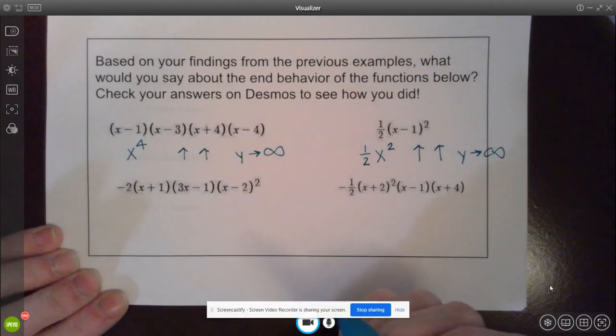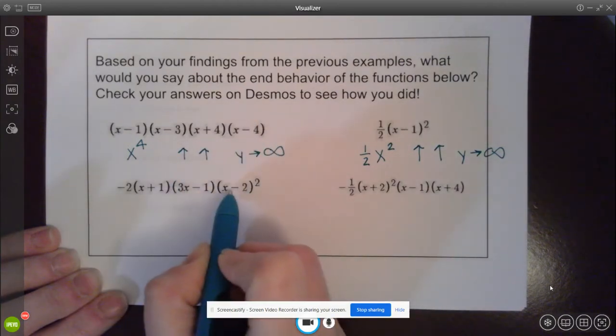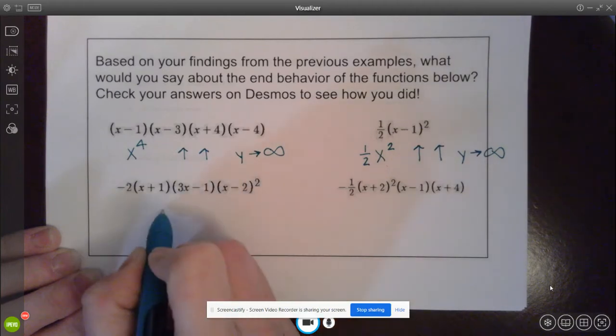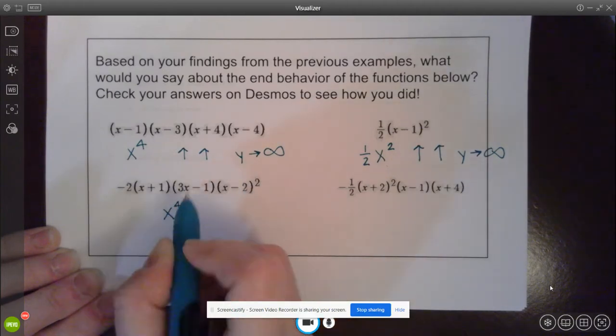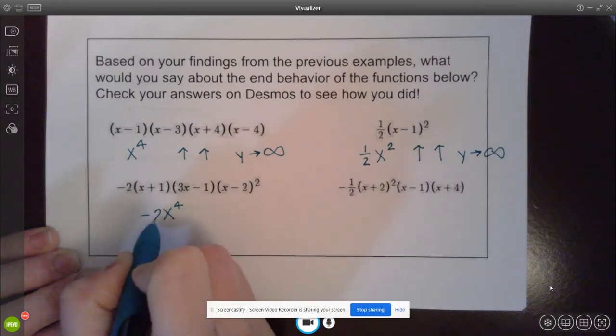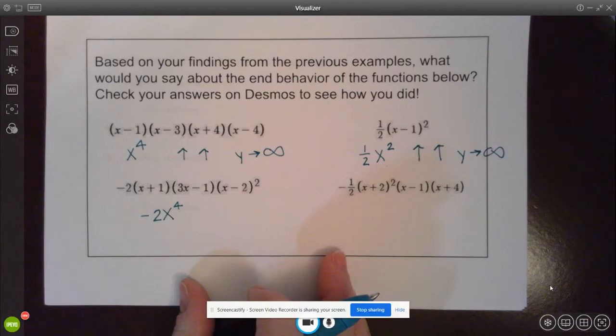All right, let's think leading coefficient here. I have 1, 2, 3, 4 x's, because remember this means there's 2 x minus 2's. So I have x to the 4th, but I also have to multiply that by -2. So my leading coefficient is now negative x to the 4th.